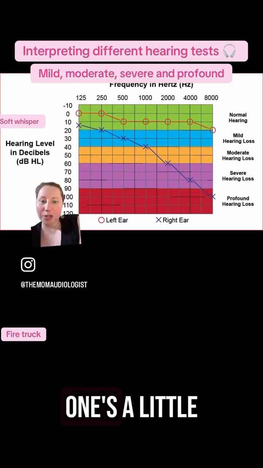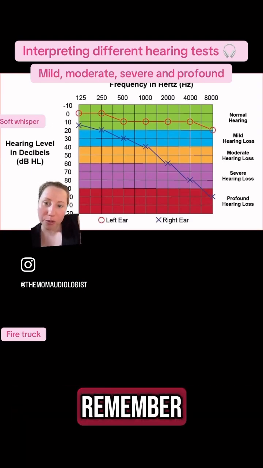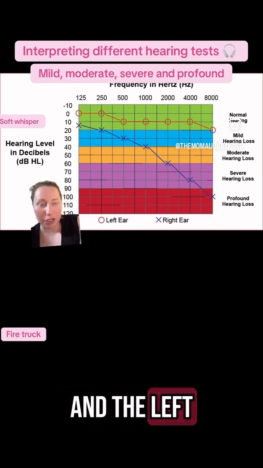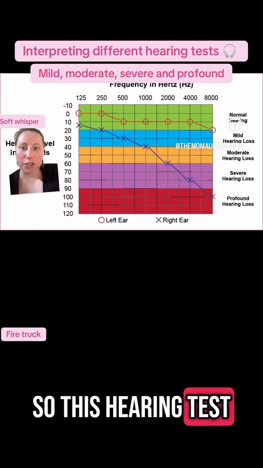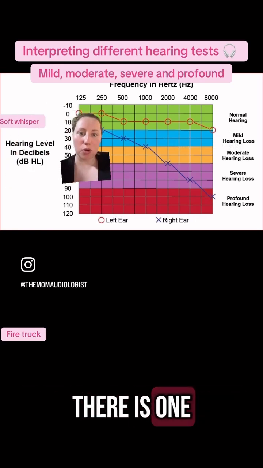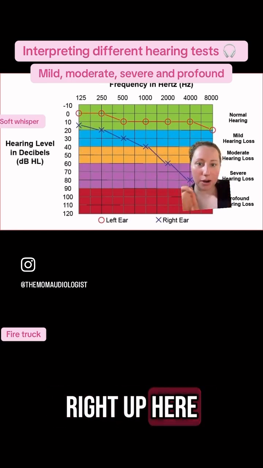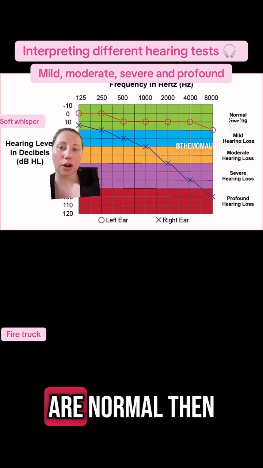All right, this one's a little bit tricky because both ears are different. If you remember, the right ear is the red circles and the left ear is the blue X's. In this hearing test, you can see the right ear is essentially normal. There is one at the very last, at 8,000 right up here, that is borderline mild, but the rest are normal.